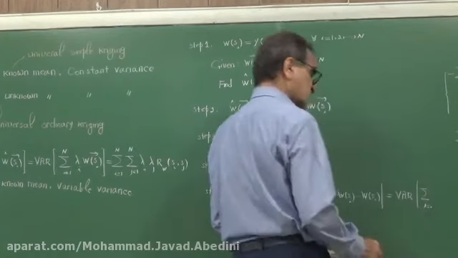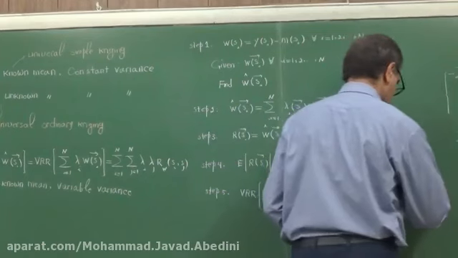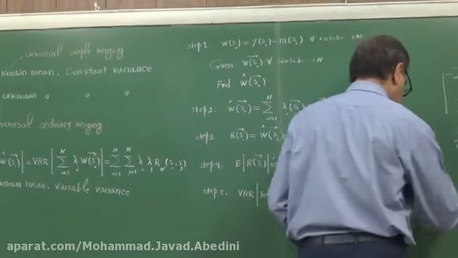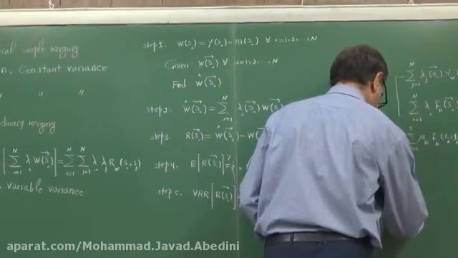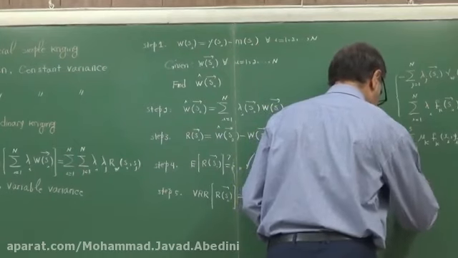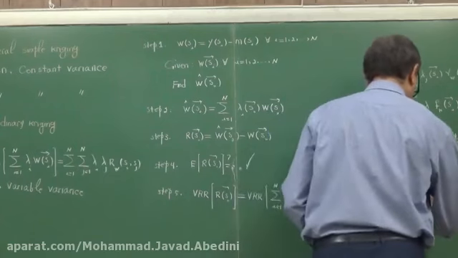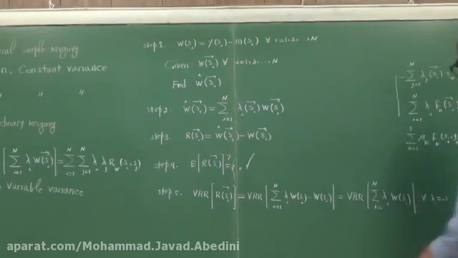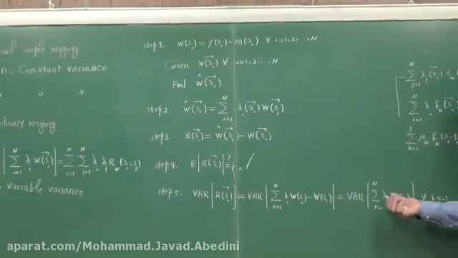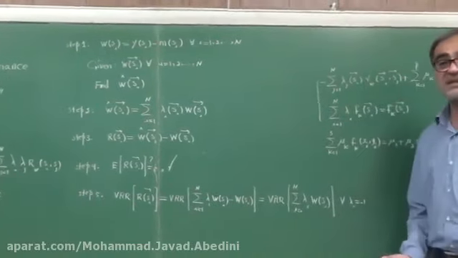Please pay attention, this i is from 0 to n. You have to make a decision on whether this linear combination is admissible or not.